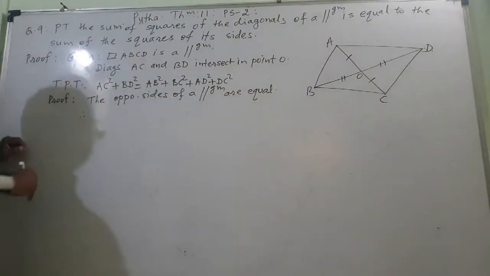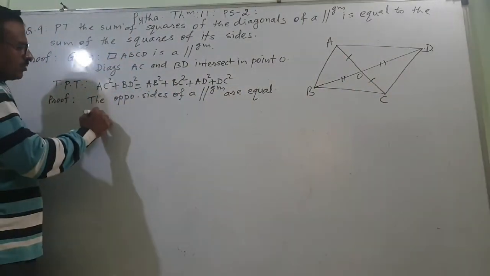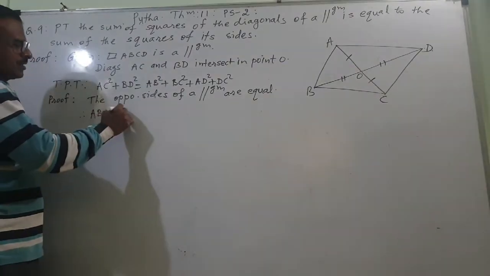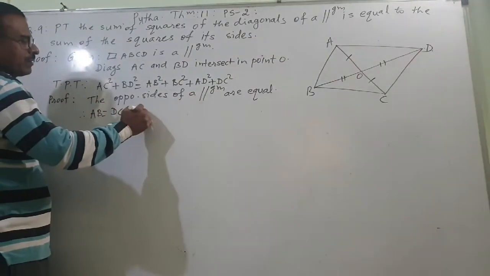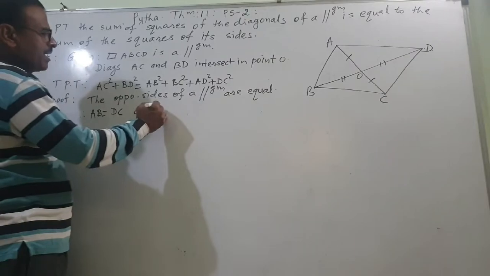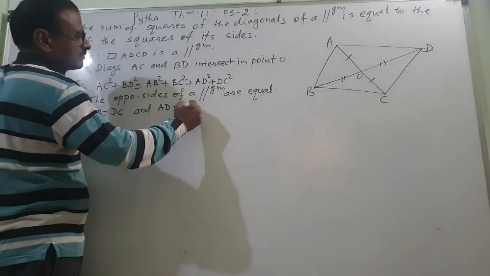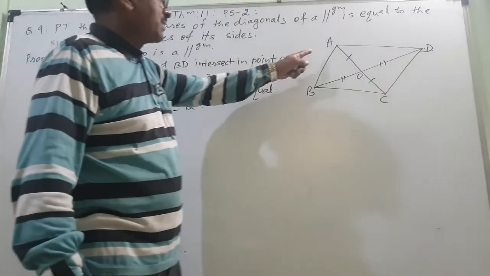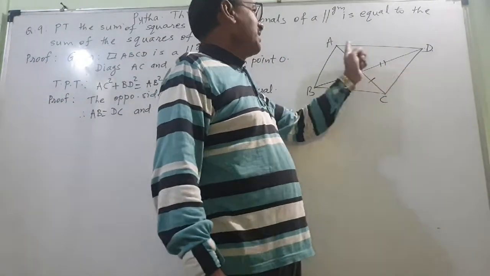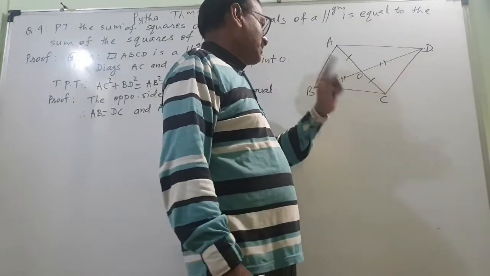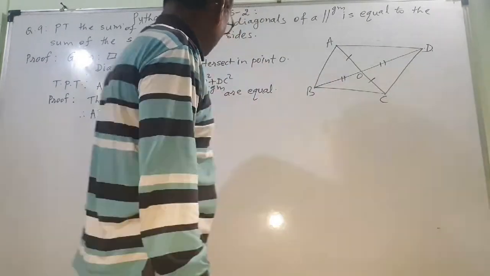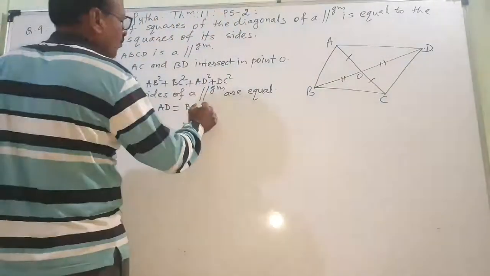Therefore, AB equal to DC and AD equal to BC. These are the opposite sides. Okay. Now this is number 1.